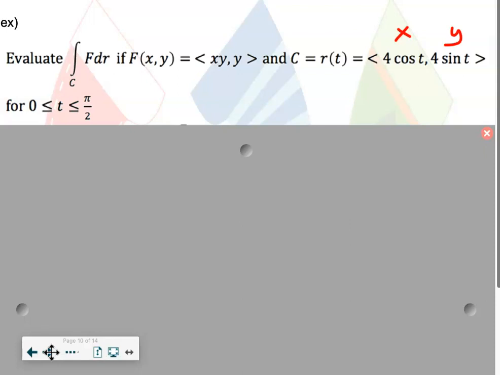So if the first component of F is x times y, then the first component becomes 4 cosine t times 4 sine t. Think of it like your r of t, that's your x, that's your y, and then you use that to rewrite your F in terms of t.